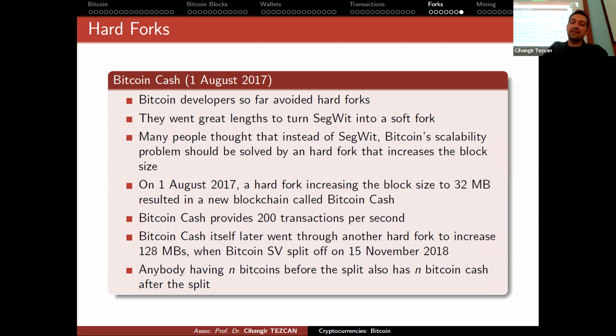But the important thing is that if you don't change the mining algorithm, a mining rig, a device for mining Bitcoin, can also be used for mining Bitcoin Cash. This is somewhat a good thing for the miner, but this is also a problem. For instance, assume that you created your own cryptocurrency, but instead of providing a Genesis block, you say, okay, I'm making a hard fork of Bitcoin, and from this point on, this will be my new blockchain.